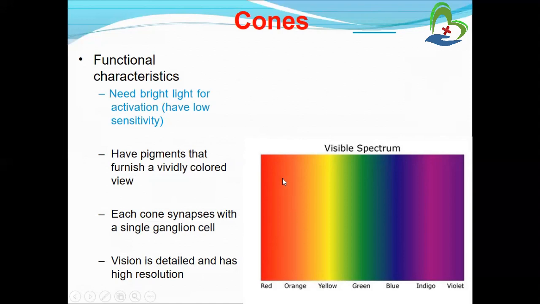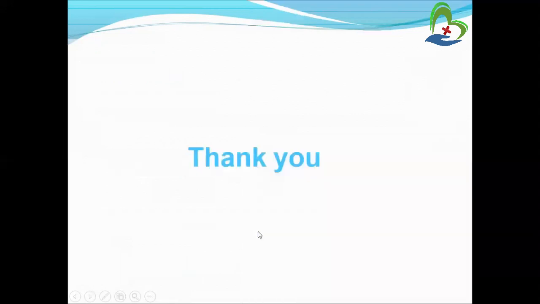We can see different colors because the cones do not absorb the whole wavelength of the light, so we can see different colors in the visible spectrum. Each cone synapses with a single ganglion cell, and vision is detailed and has a high resolution, while rods synapse with bipolar cells.